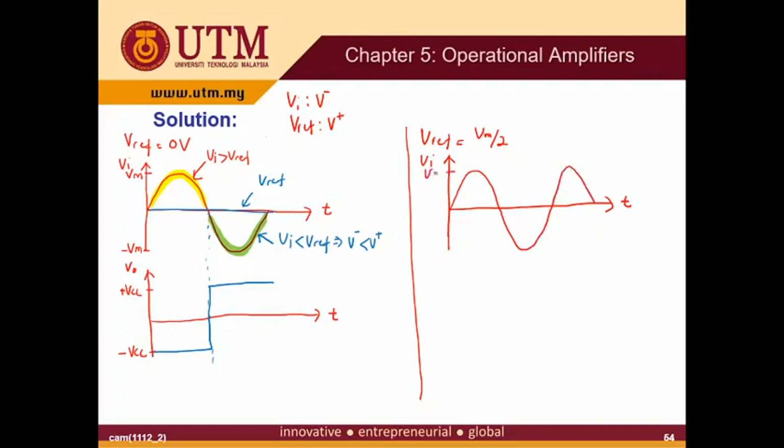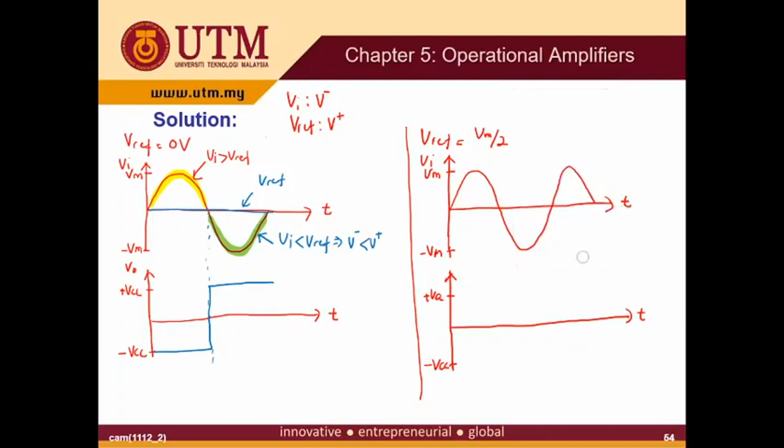So this is your Vm, and then this is your minus Vm. This is your T, plus VCC, and this is minus VCC. So when you have prepared the drawing of the input waveform and the axis, you can draw the reference voltage.